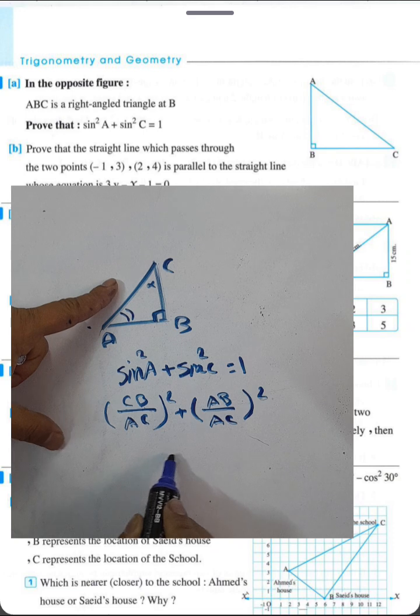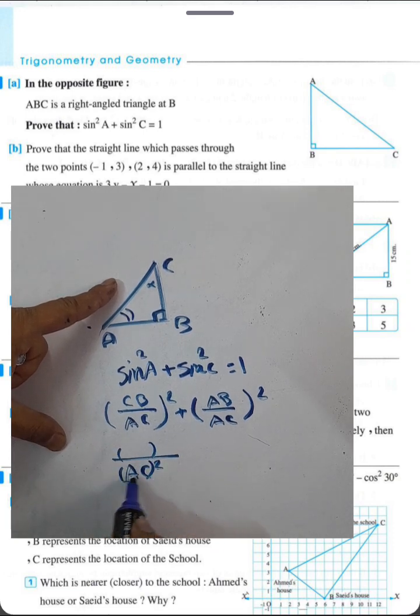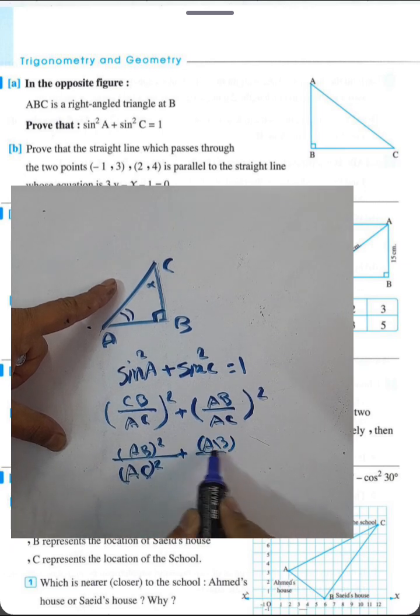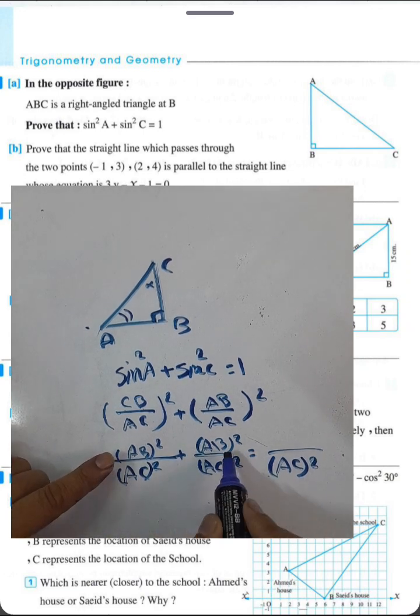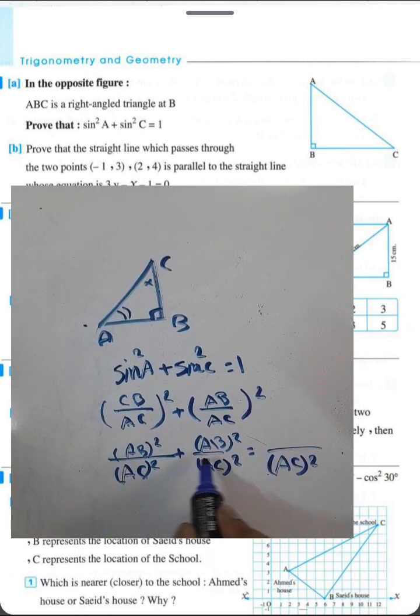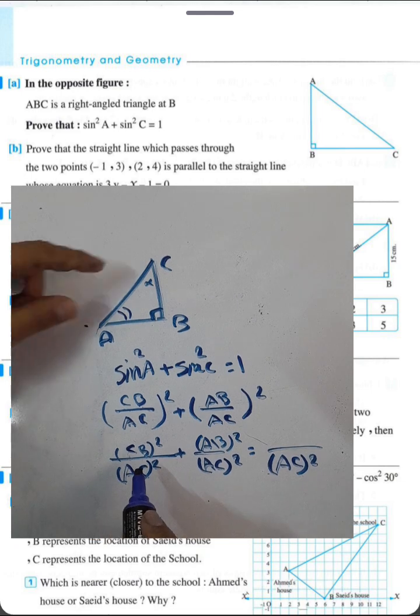Then we can add them and write AC power 2, distributing the power to numerator and denominator. Then write AC in the denominator and, in the numerator, CB power 2 plus AB power 2.